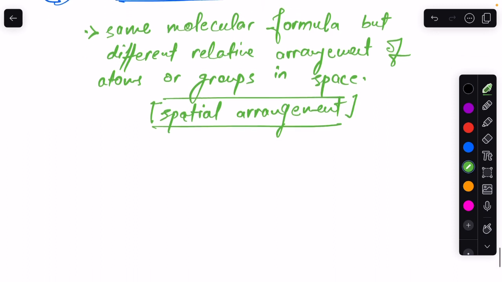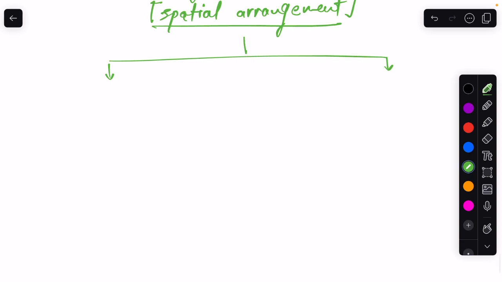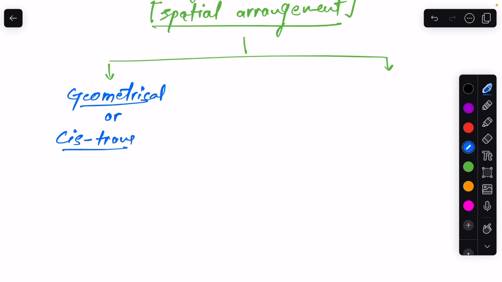So basically there are two major stereoisomerisms. First one is geometrical, which is also known as cis-trans isomerism. And second one is optical, which is also known as d-l, small d, small l isomerism.